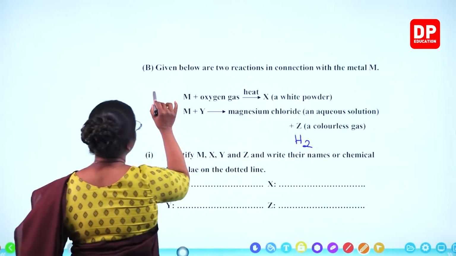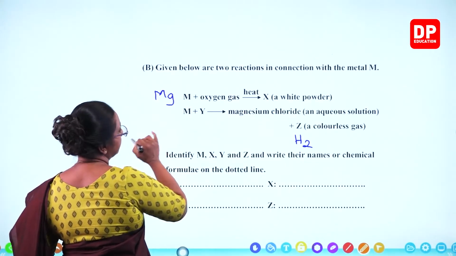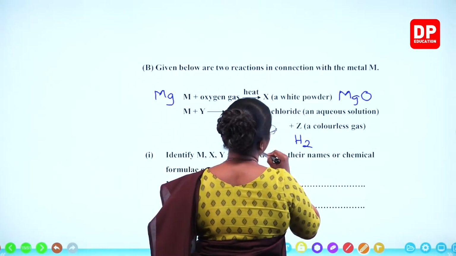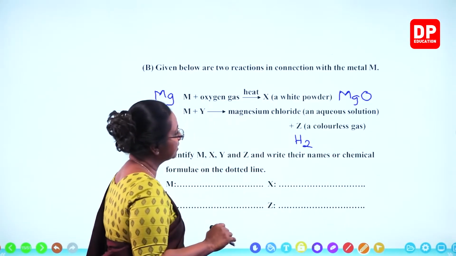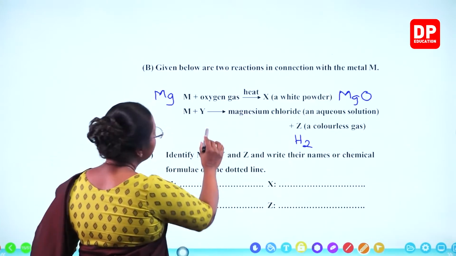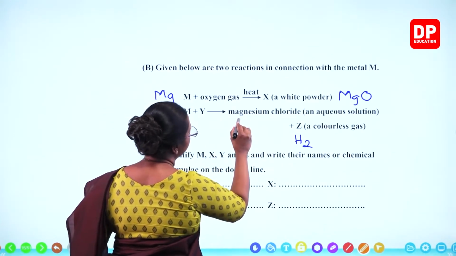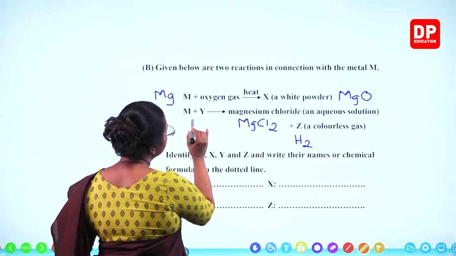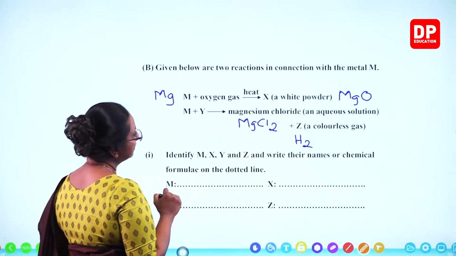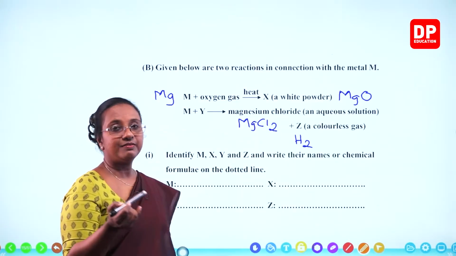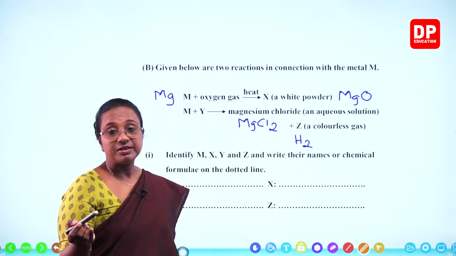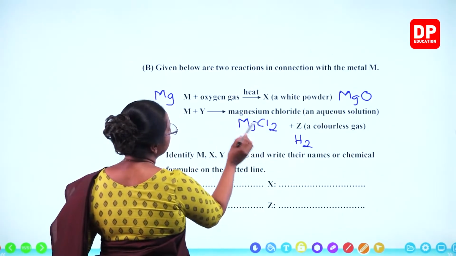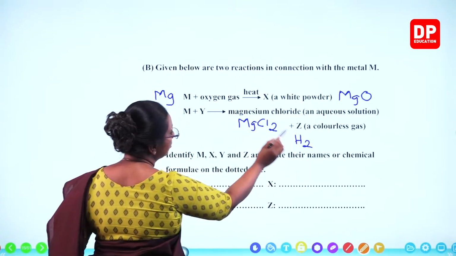Now we have already identified this as magnesium plus oxygen. So this is going to be magnesium oxide. This will be a colorless gas, means hydrogen gas. And here, since they say magnesium chloride, now MgCl2. Now you all know from the reactants and products, you can easily identify it's a single displacement reaction, and also since you are getting Cl2 here, the Cl2 and H2 should combine.